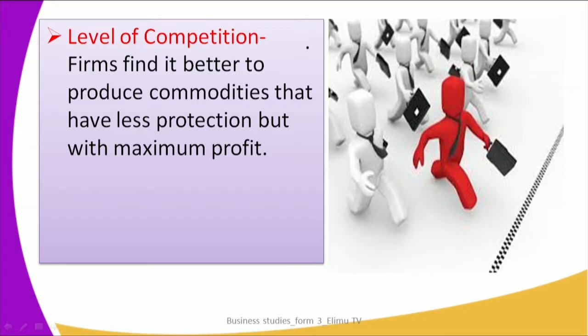So before settling on what product or service to produce, it's good to first evaluate the level of competition of that product in the market.